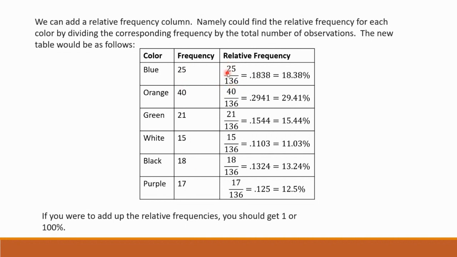So for blue, you get a relative frequency of 25 over 136, which if you convert to a percentage, you get 18.38%. Orange, there was 40 over 136, which is 29.41%, and so on and so forth. You keep doing that.